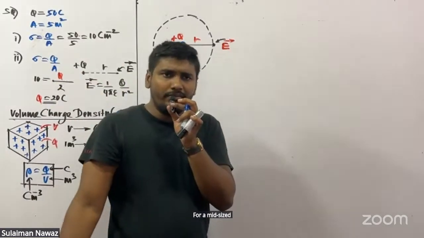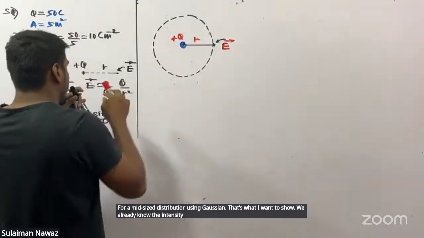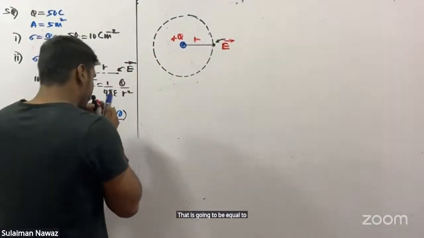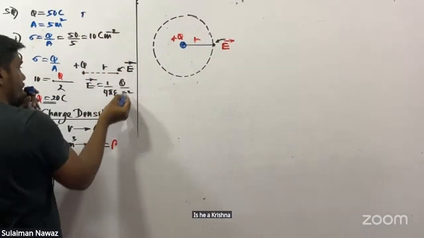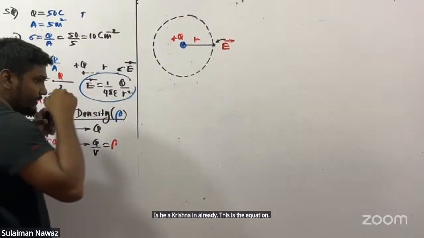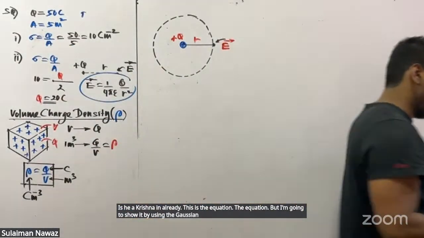The intensity equation is E equals 1 over 4 pi epsilon times Q over r squared. This equation we know already, but I'm going to show it using Gauss's theorem.